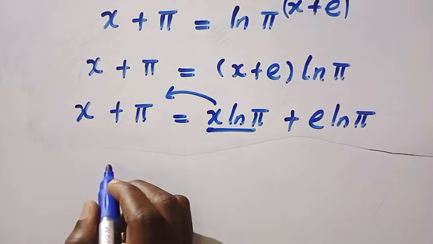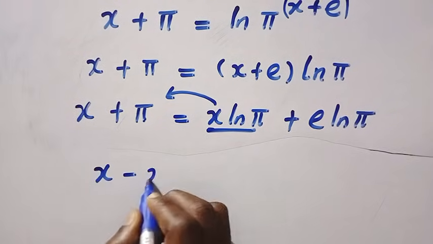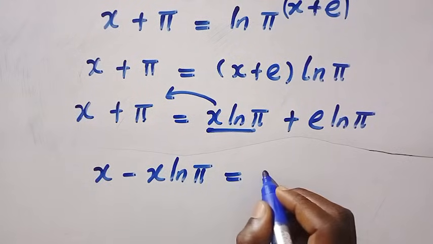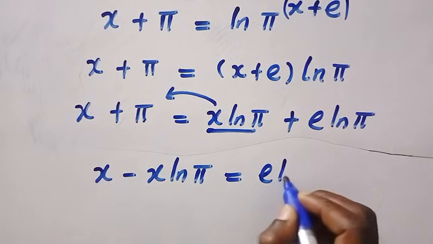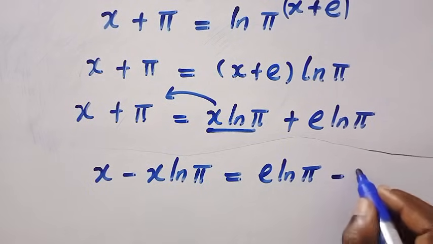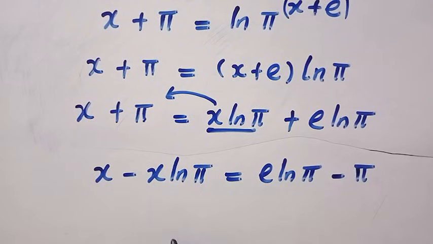So here we have x − x ln π = e ln π − π.